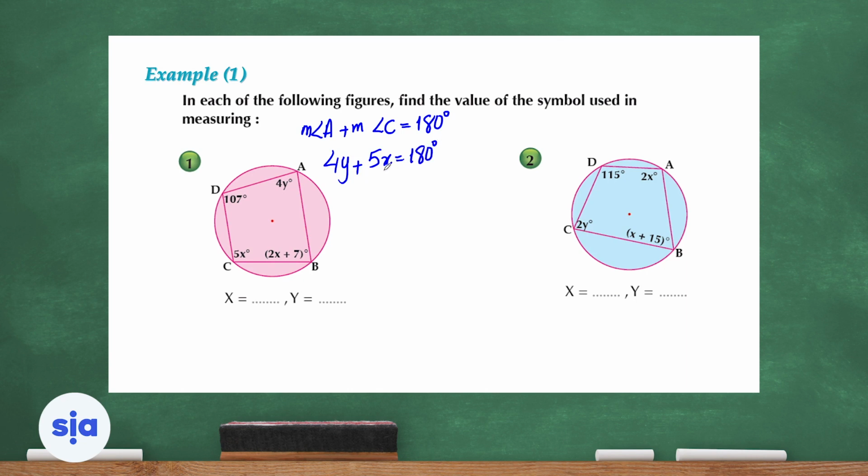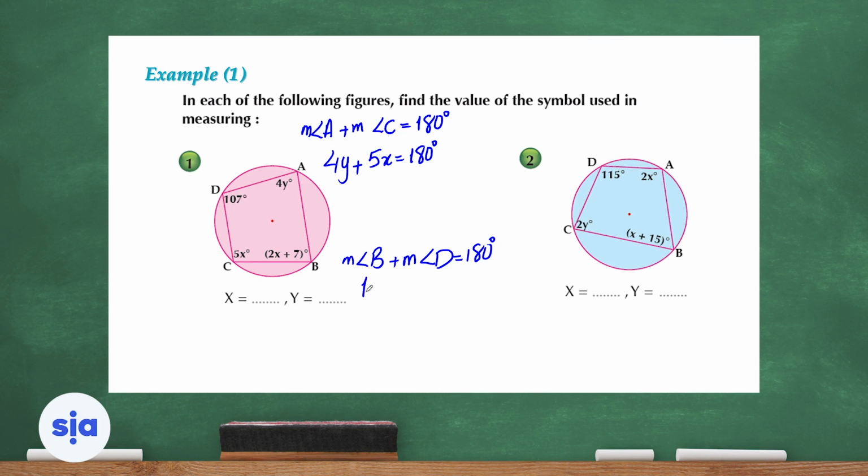As you can see, we have two variables in one equation, so we have to pause and check the other two opposite angles. The measure of angle B plus the measure of angle D is also 180 degrees because they are two opposite angles in a cyclic quadrilateral.